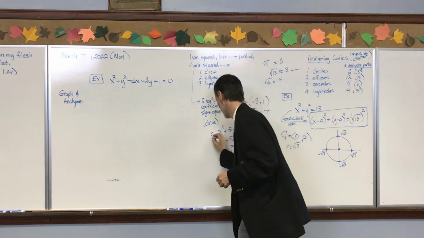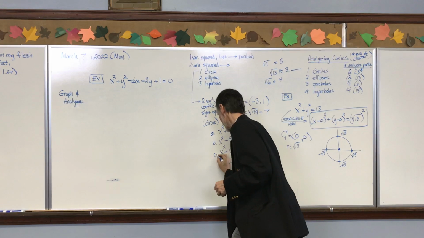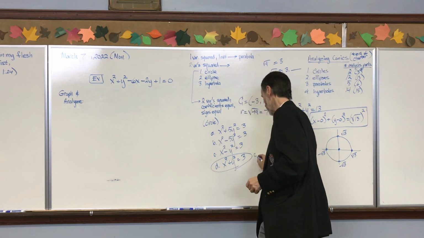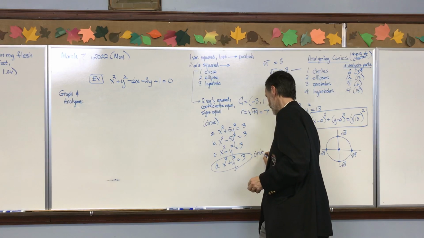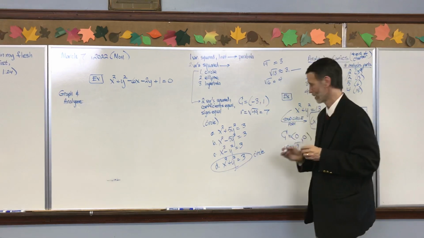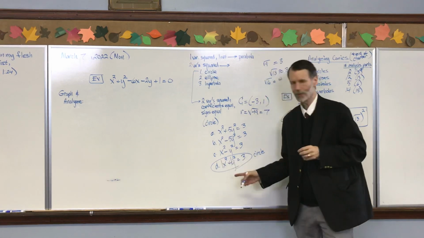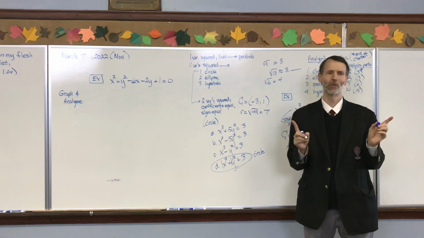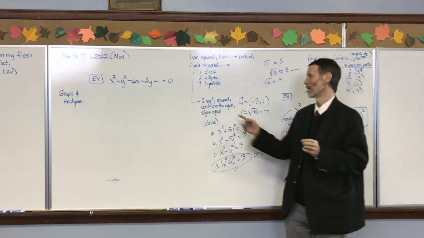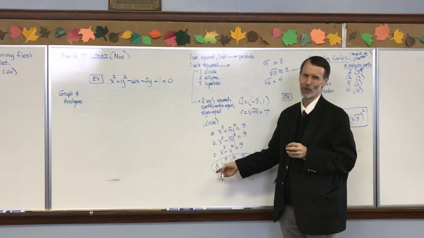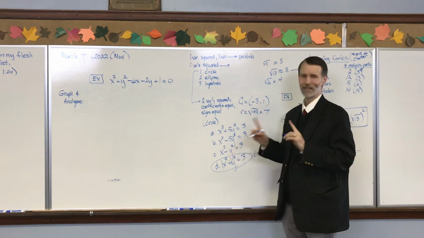Let's label this A, B, C, or D. What do you think? D. This is a circle. What gave it away? The coefficients are equal of the two squared variables. Yeah, both variables are squared and the coefficients are equal. By the way, if the coefficients are equal, they will have the same sign. I just want to make sure, if one's positive one and the other's negative one, it's not a circle.